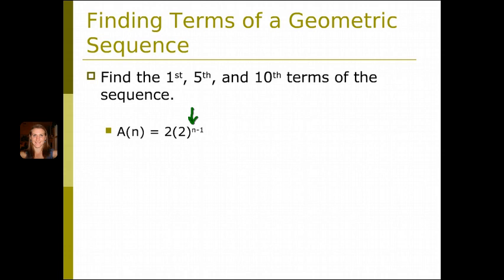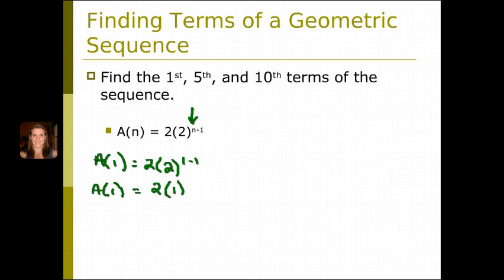So if we're looking for the first term in our sequence, you would have A of 1 equals 2 times 2 raised to the 1 minus 1 power. Well, 1 minus 1 is 0. So you would have A of 1 equals, anything to the 0 power equals 1. So that would be 2 times 1.